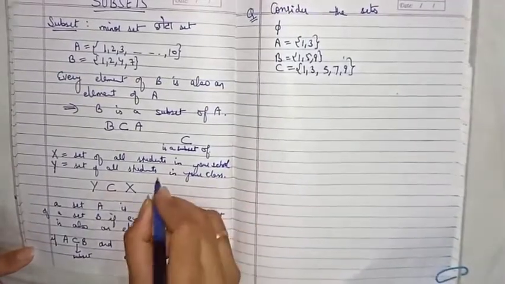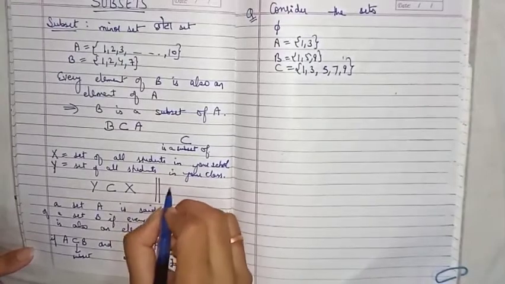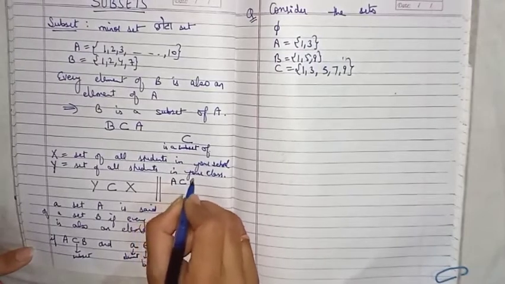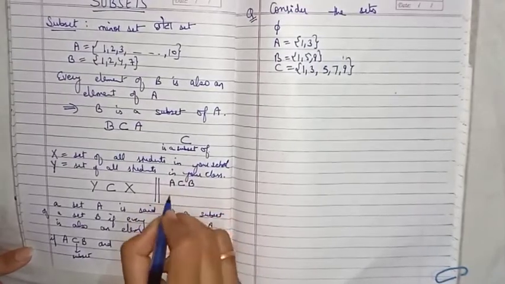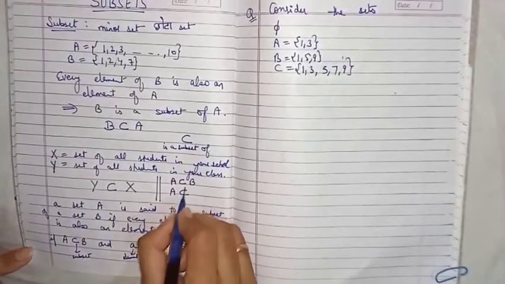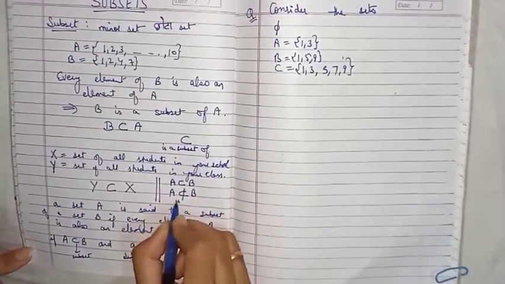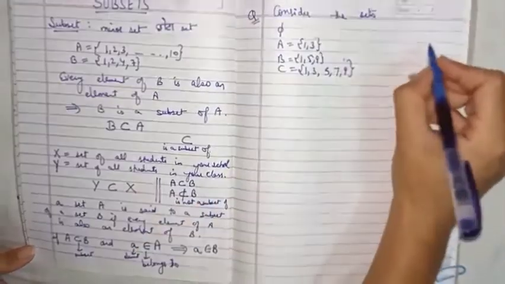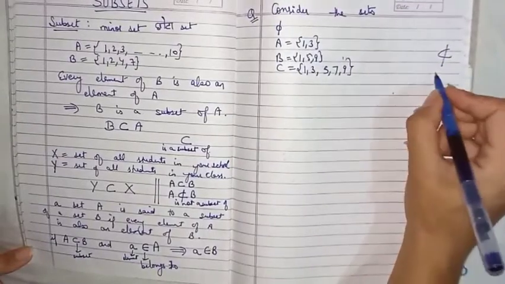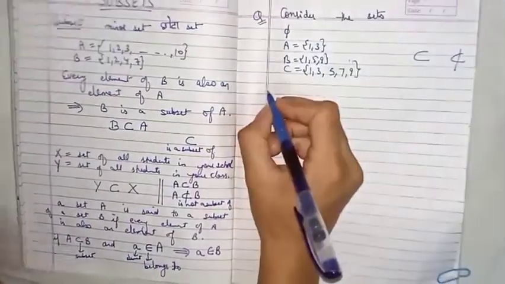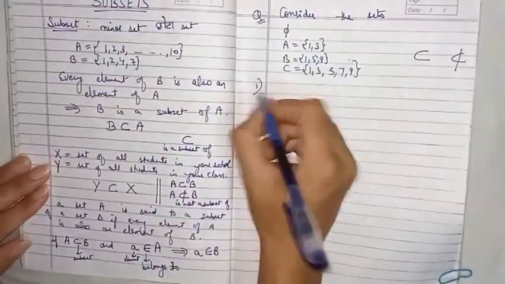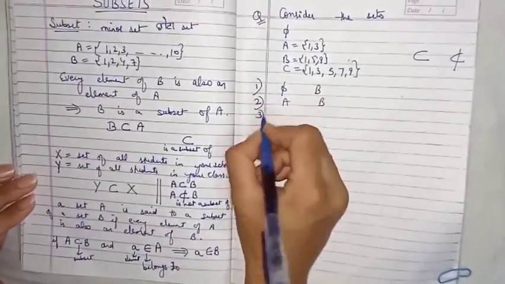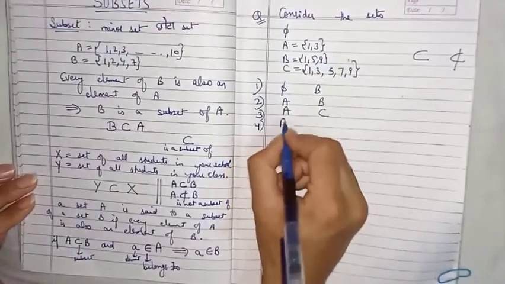Remember one thing more: if A is a subset of B, then we need to put this symbol, and if A is not a subset of B, then we will put this symbol. This means "is not a subset of". Symbolically we can place this symbol for not subset, and this is for subset, right? Now the first question is phi, second is A, third is AC, and fourth is BC.